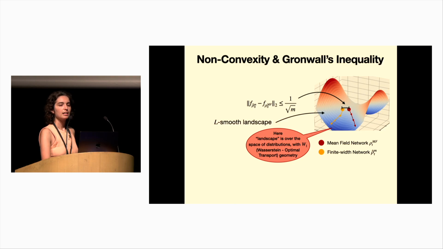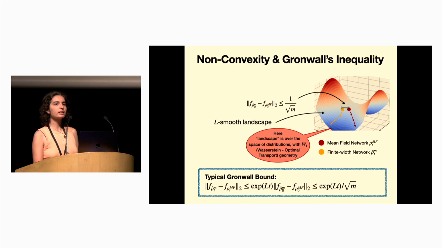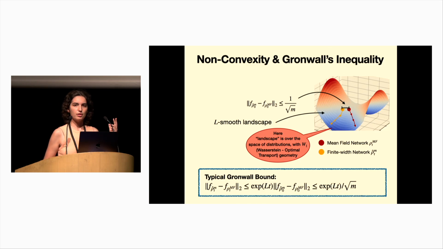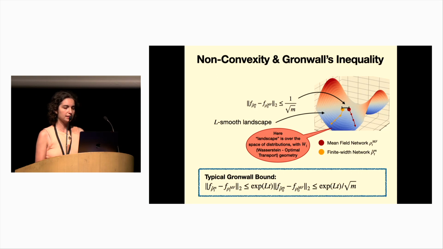And so if this landscape is L-smooth, in a certain sense that depends on this Wasserstein geometry, then one can achieve this typical Gronwall bound that tells us that at time t, the distance between the functions expressed by these two networks is going to be bounded by exponential in L times t times the initial distance between these two neural networks.